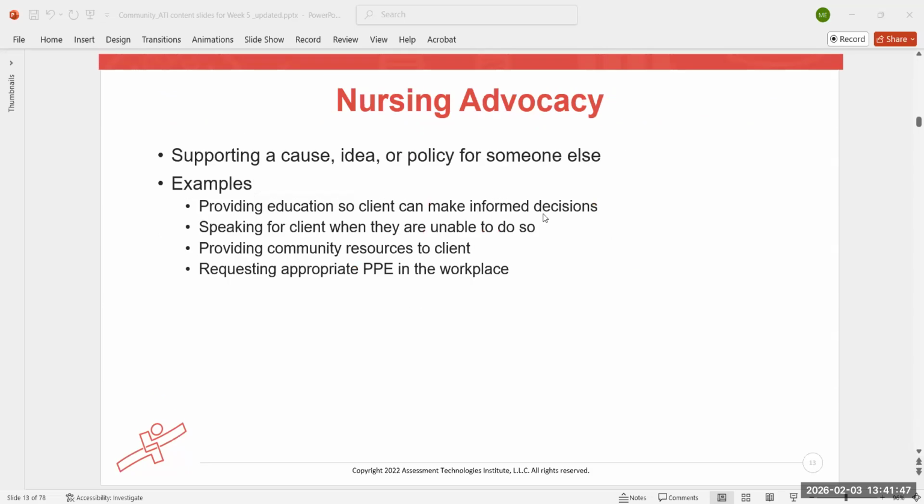So, as mentioned before, as nurses, we advocate. We are the client advocate within community health. We're going to listen, we're going to support, we're going to help the patient make an informed decision about their health. We can also serve as the bridge between different entities within the healthcare team. The clients are a partner in their health.